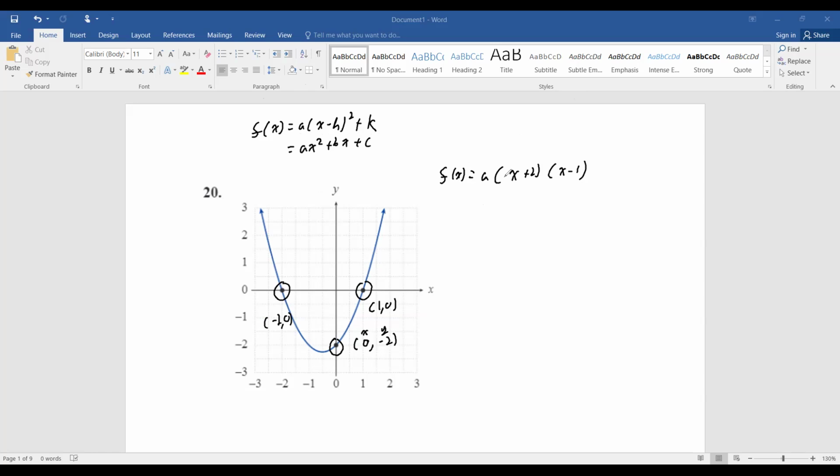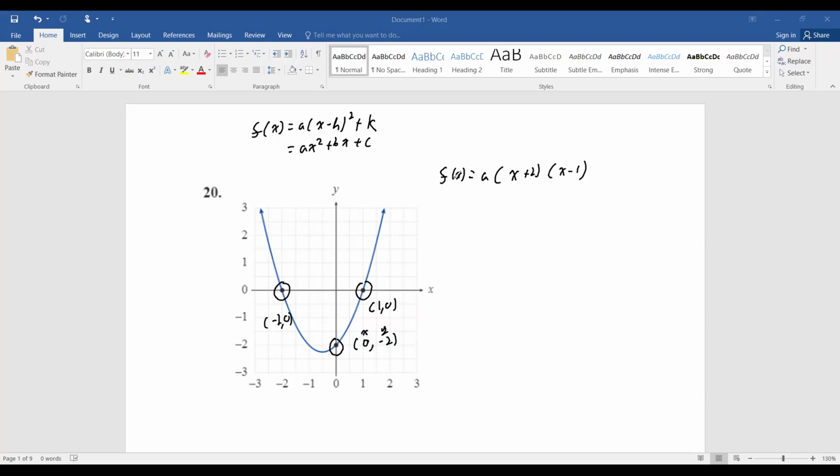So what I'm going to do is, to figure out this answer, I'm told that if I plug in 0 for x, my answer is negative 2. So I technically have an x and a y, and I'm going to use that information to help me solve for my a.